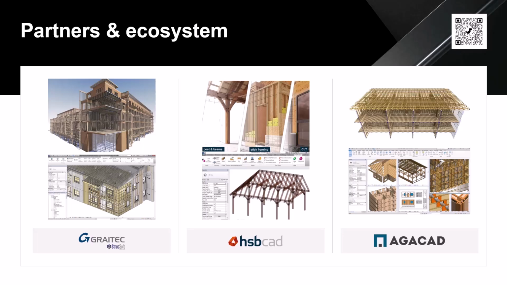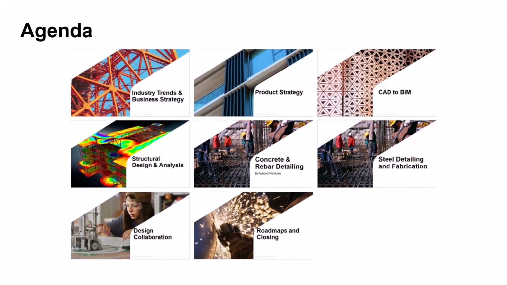And finally, we also have solutions not only for steel but also for timber and cross-laminated timber. With our partners, Graitec, AGACAD, and HSBCAD, they build their solutions on top of Revit, so you can really streamline your design, detailing, and fabrication process.